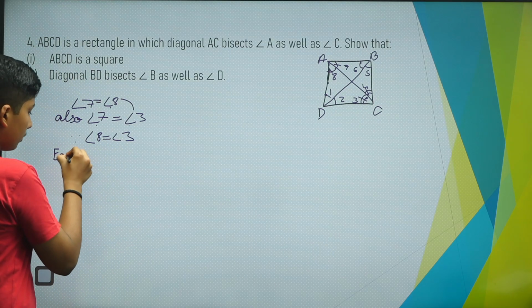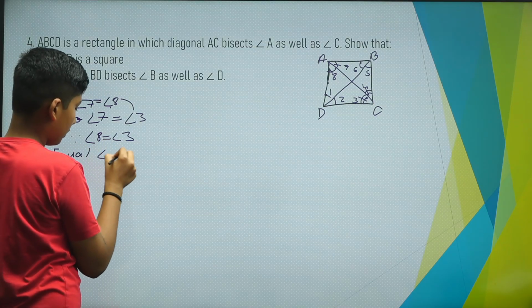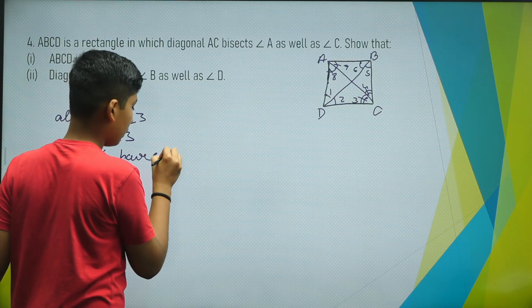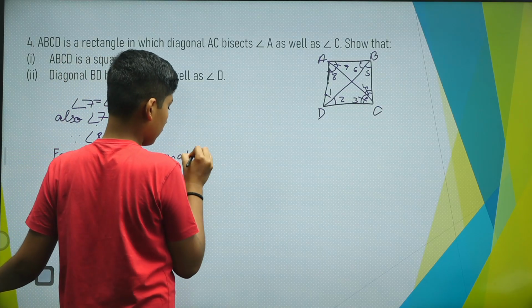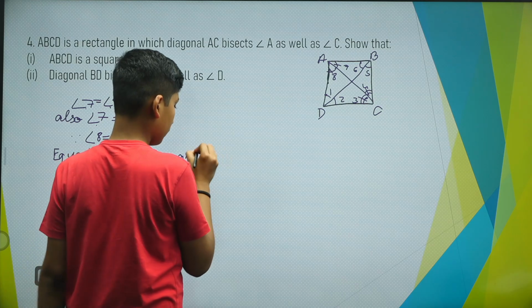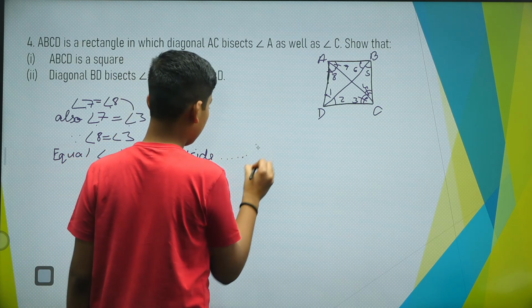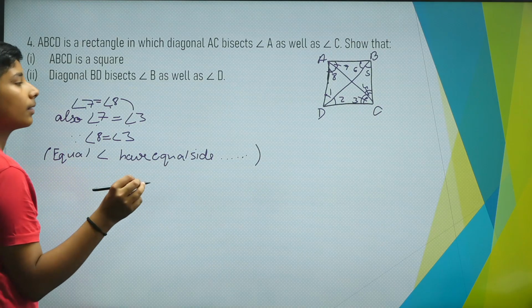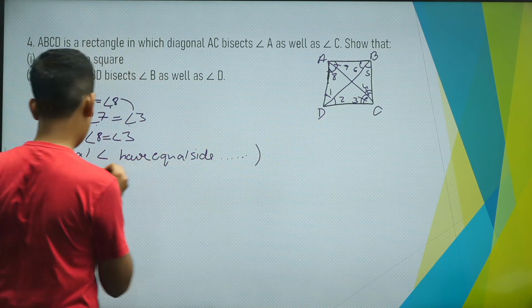Equal angles have equal sides opposite to them. We can say that AD equals DC.